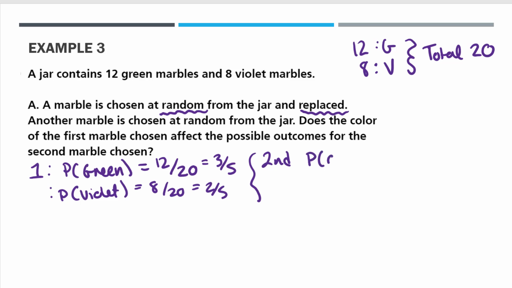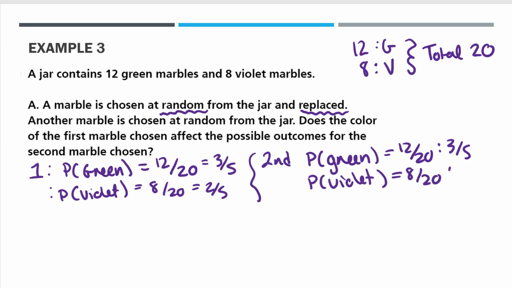So when we pick a second one, the probability of a green is 12 out of 20, which is 3 out of 5, and the probability of a violet is 8 out of 20, which is 2 out of 5. So the key here is that these are independent events, but the reason that they're independent is because of the replacement.